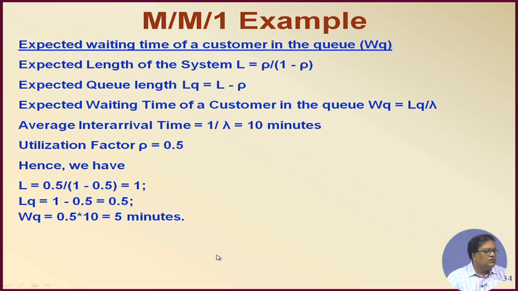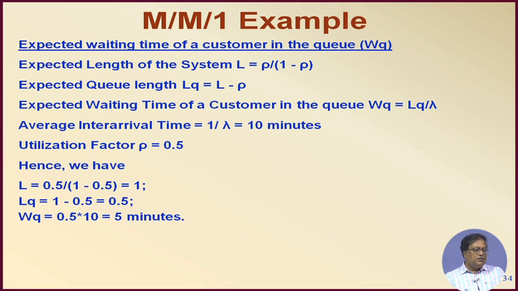The third one is very simple, because we already know L equal to rho by 1 minus rho, LQ equal to L minus rho, and expected waiting time of a customer in the queue WQ is LQ by lambda, lambda equal to 6. So, 1 by lambda will be 10 minutes. So, utilization factor rho is 0.5.